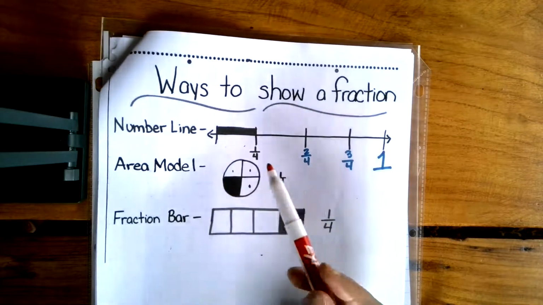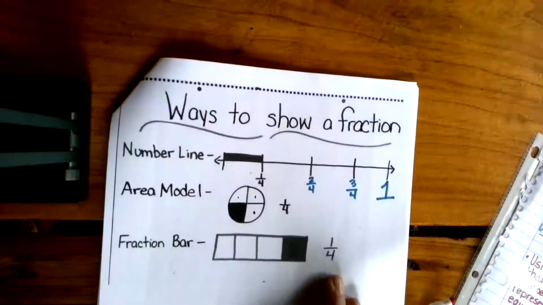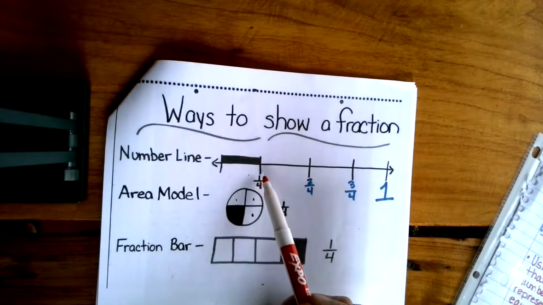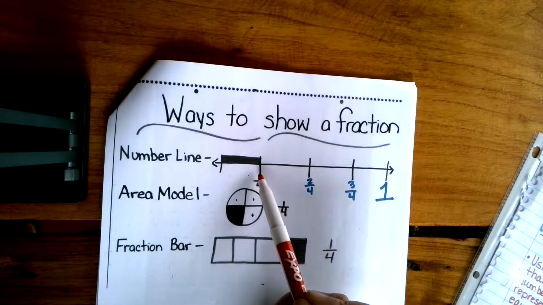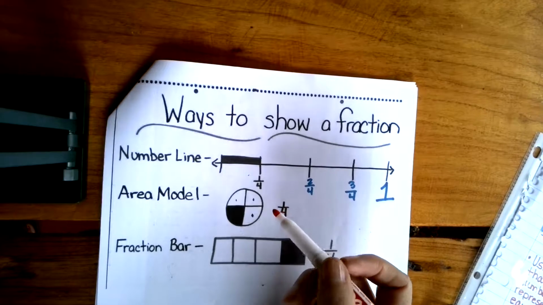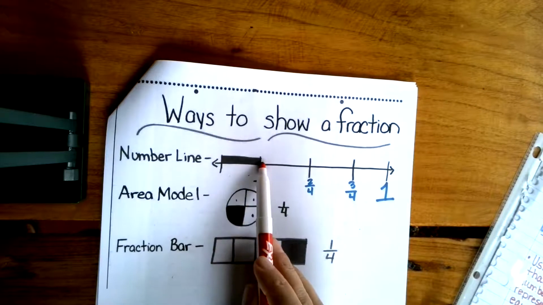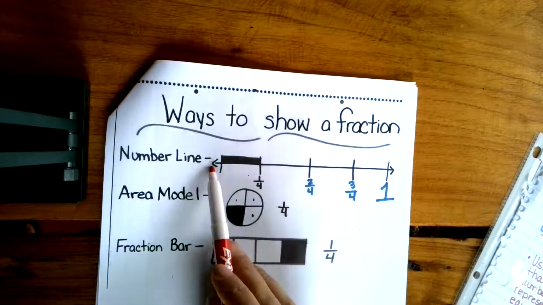Okay, then on my number line, using a number line to explain that the numerator, which is still the number on top, of the fraction represents the number of lengths of the fraction from 0.